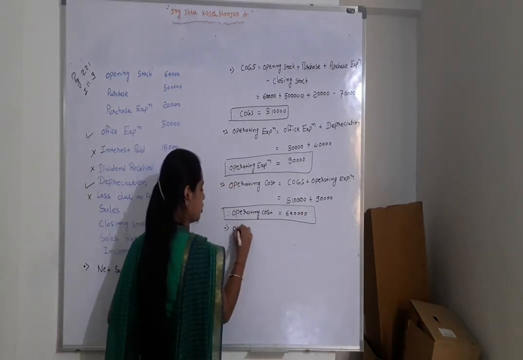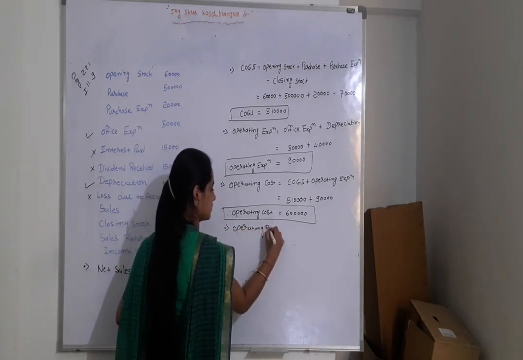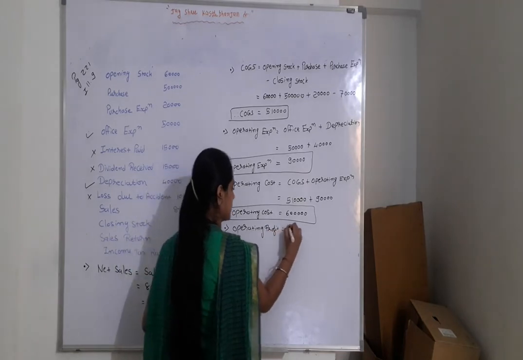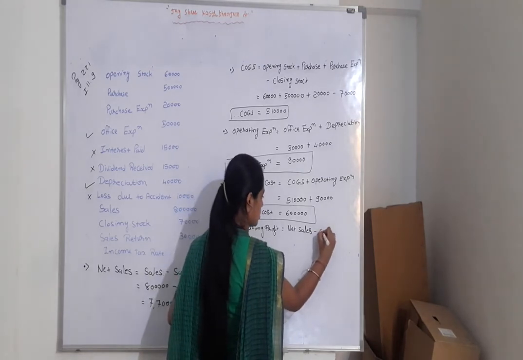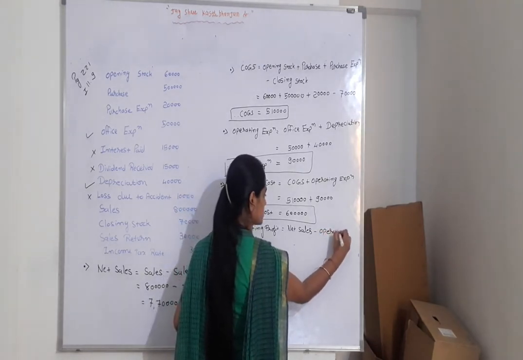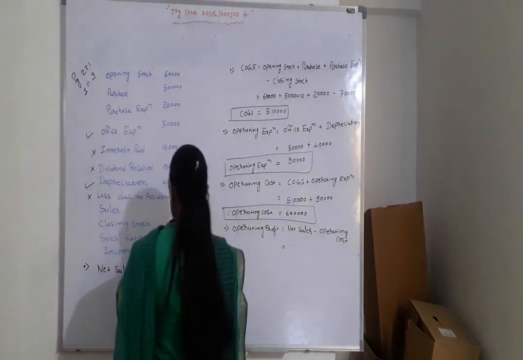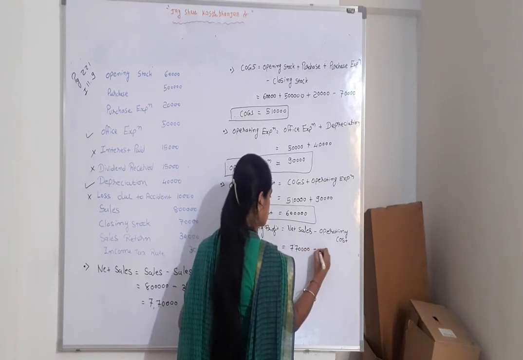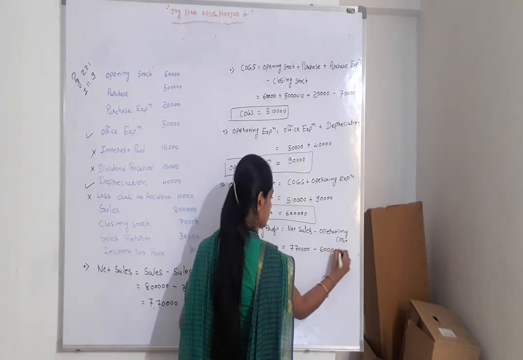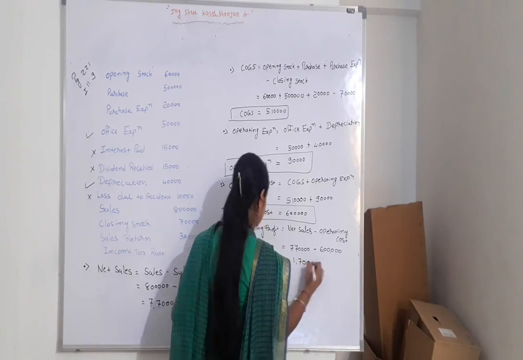Now operating profit is equal to net sales minus operating cost. Net sales are 7,70,000 minus 6 lakh. That means our operating profit is 1,70,000.